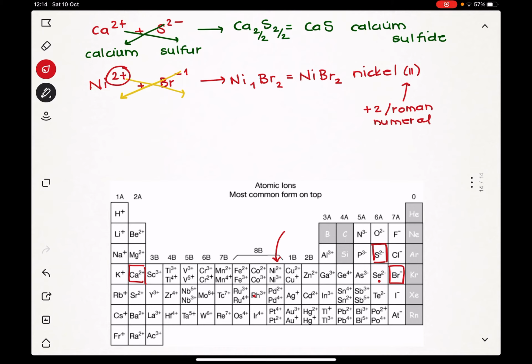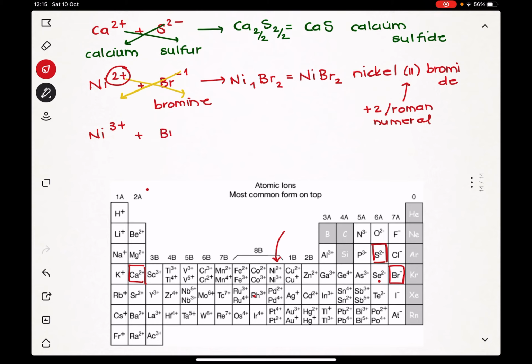So nickel 2, and I have bromine. So it's going to be bromide, with the termination "ide." What happens if I choose the other one? That's why I need to specify which one I chose.